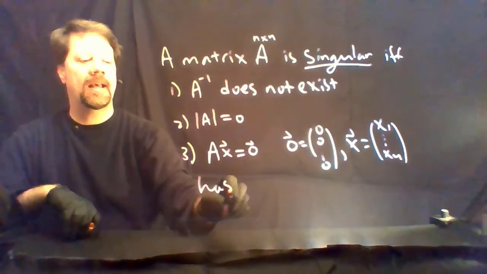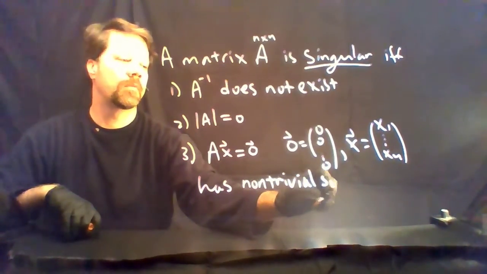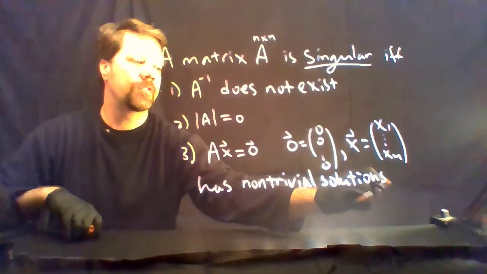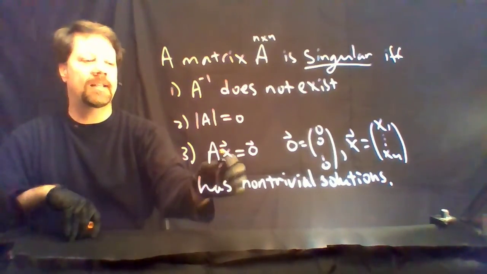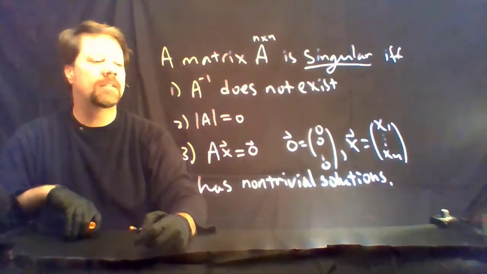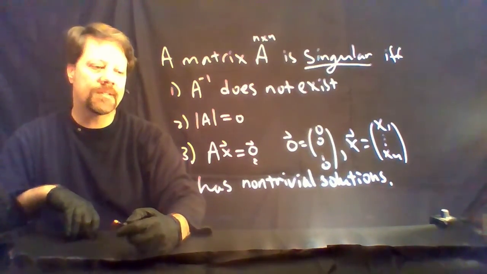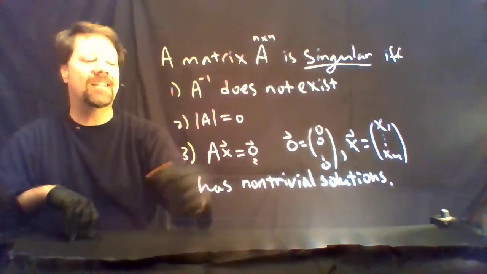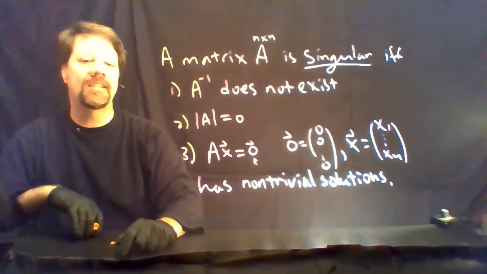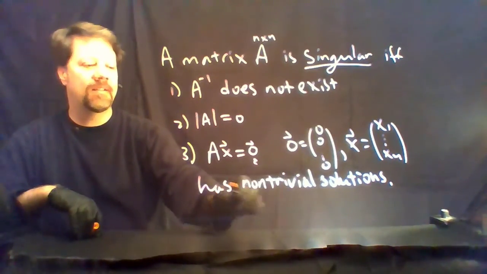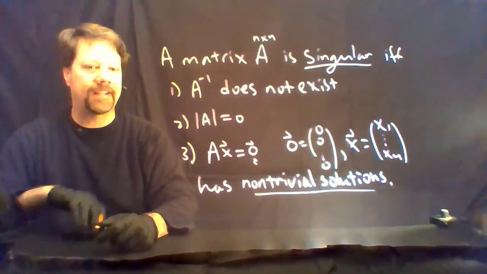This has non-trivial solutions. Clearly, if x is the 0 vector, A times the 0 vector will be the 0 vector, and that is always a solution to this homogeneous system of equations. However, if A is singular, it will have others. If A is non-singular, then the only solution is the trivial one. This is going to be significant in our solution for eigenvalues and eigenvectors later.